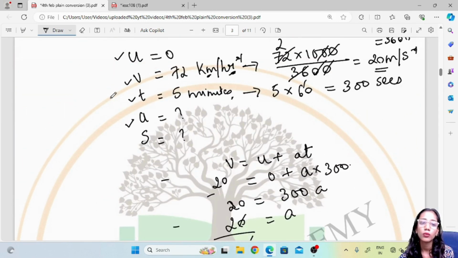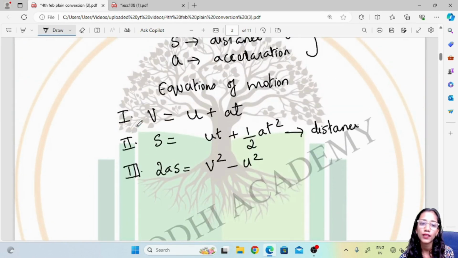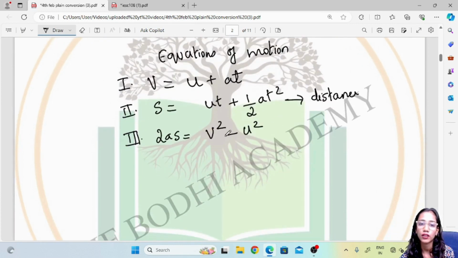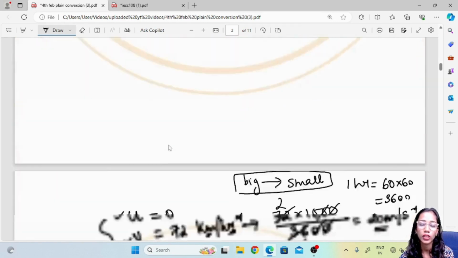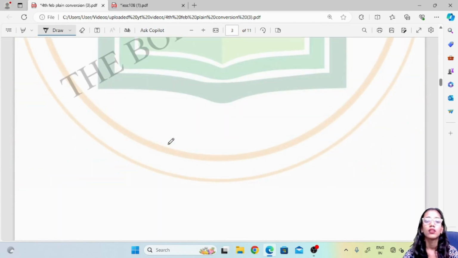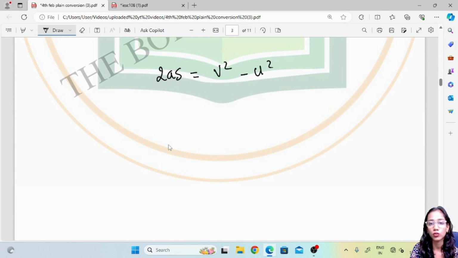So now for finding s, we actually have two formulas over here. One can be this and one can be this. So which one will we use? We'll use the second one, which is simpler, that is 2as equals v square minus u square. 2a we know is 1 upon 15 and s is what we have to find.